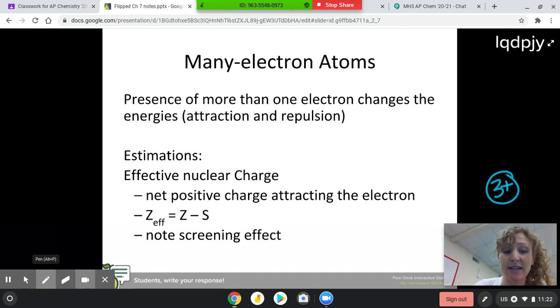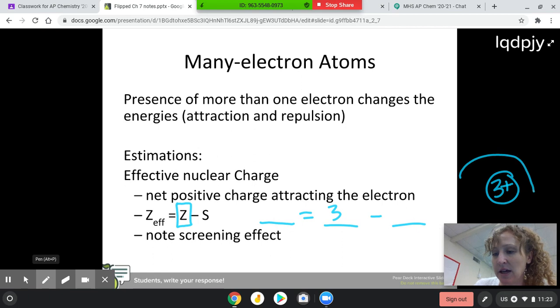That is Z. Z is its nuclear charge. So in terms of lithium, this would be a 3. Now, lithium has 3 electrons, and they are going to be 2 in the first shell and then 1 in that final shell.